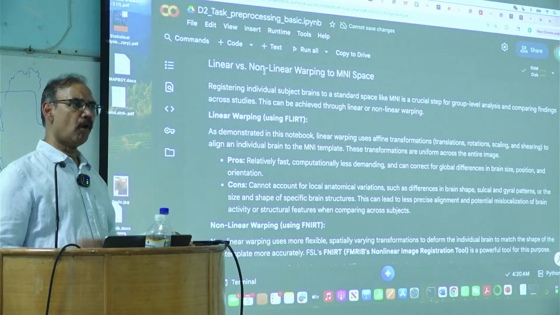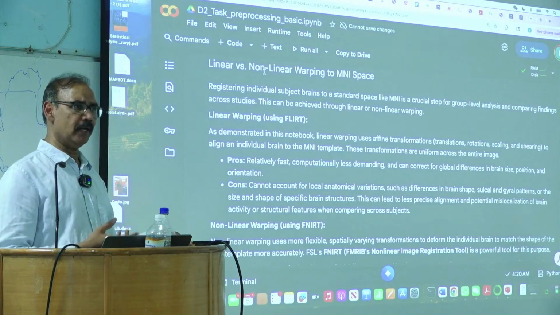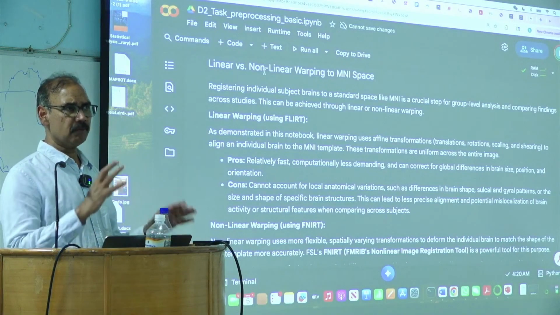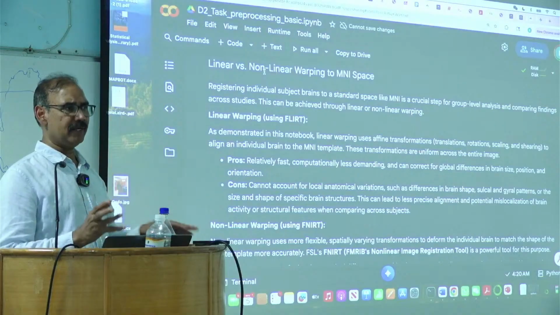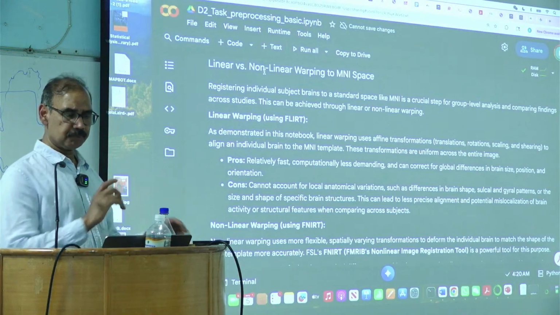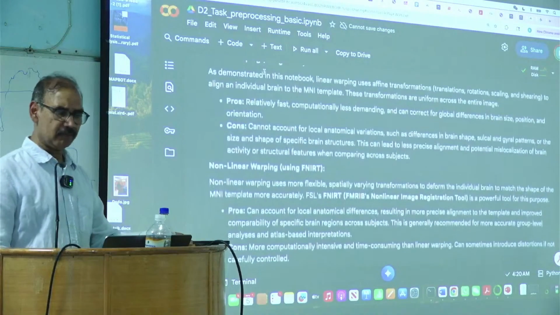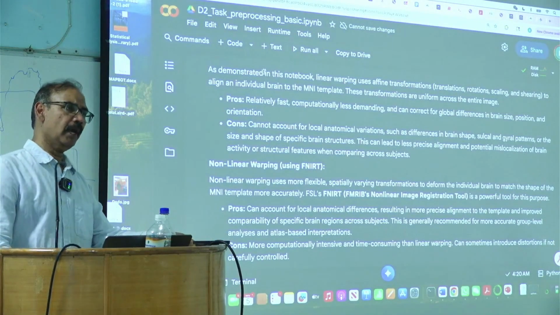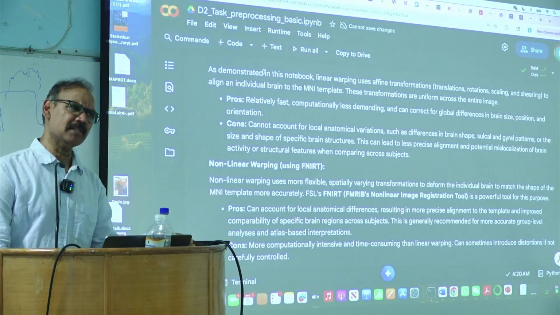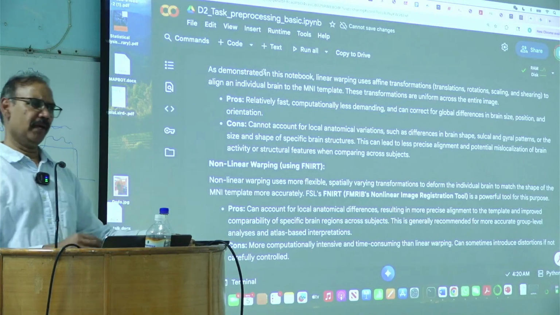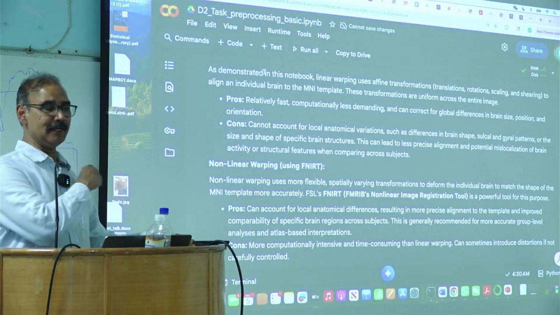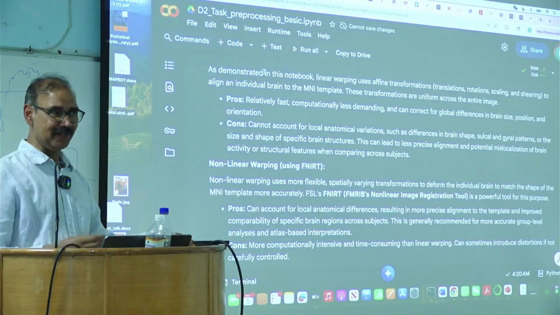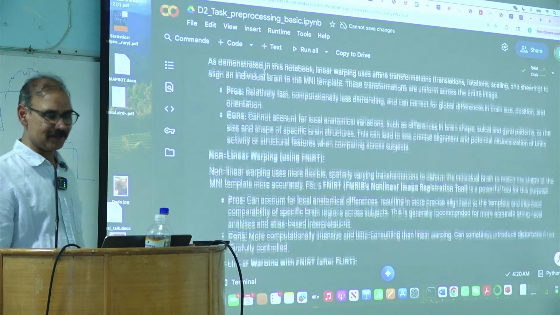The nonlinear warping can also be done, but it is more computationally expensive and it's no longer an affine transformation. So going back and forth is not easy, right? And it's not very easy to explain what it did. Maybe it's like deep learning. You get good results, but if you ask how it did or what it did, it's not so clear.